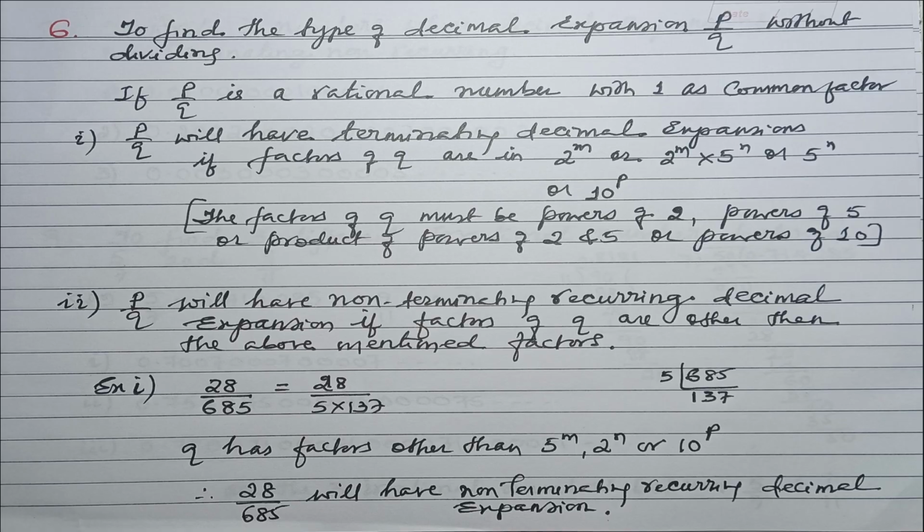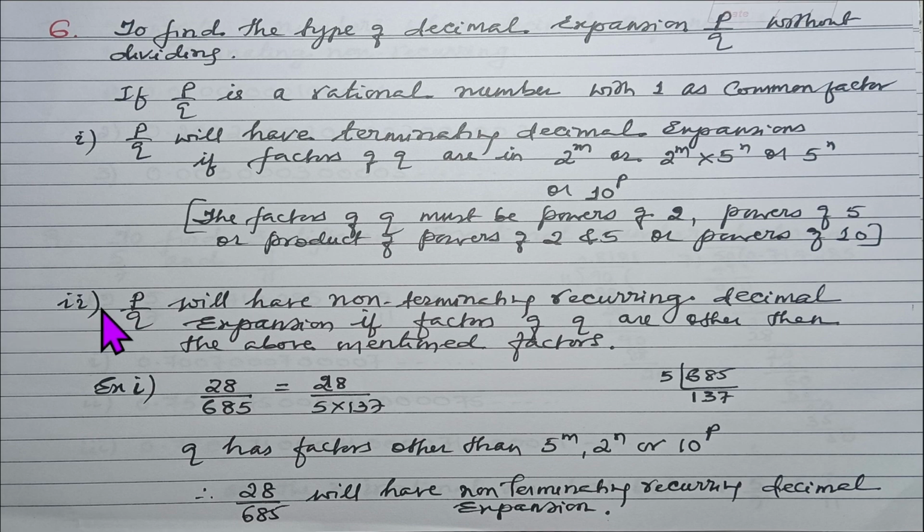Therefore remember, p by q will have a terminating decimal expansion if q has factors that are powers of 2, powers of 5, or product of powers of 2 and 5, or only powers of 10. Under these conditions p by q will have a terminating decimal expansion.